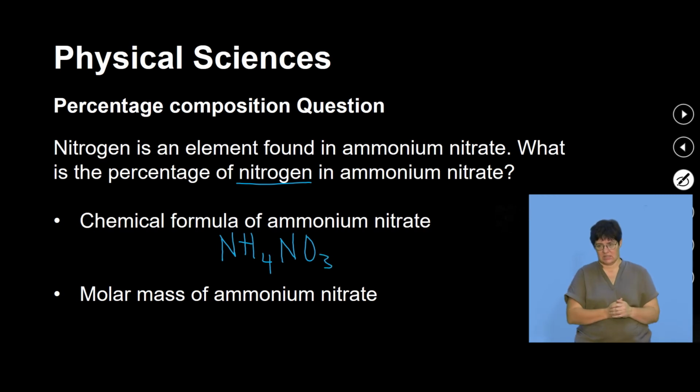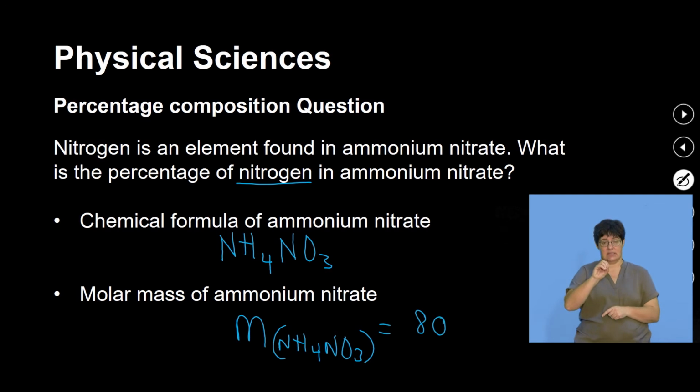So that's the formula. Now the molar mass of ammonium nitrate, NH4NO3, is equal to 80 grams per mole. You'll get this from the periodic table of elements.